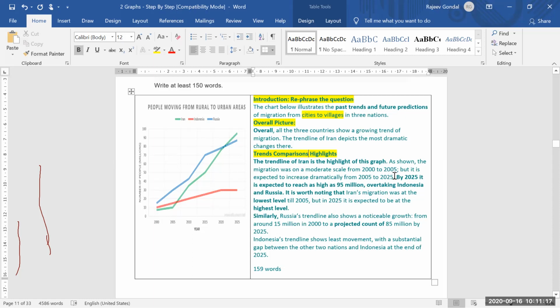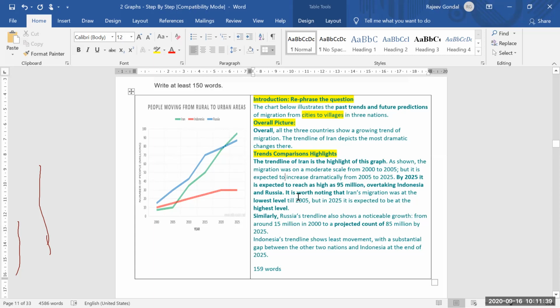It showed moderate growth, but it is expected to increase dramatically from 2005 to 2025. In fact, it is not an expectation. 2005 is the past, so this is the error here.